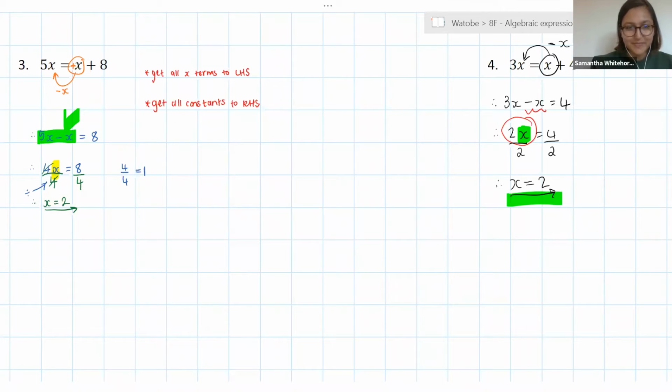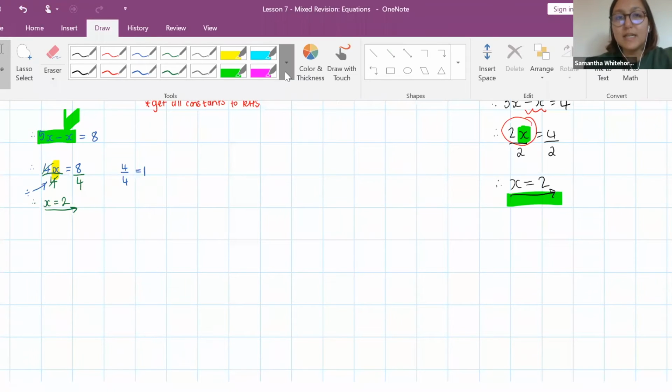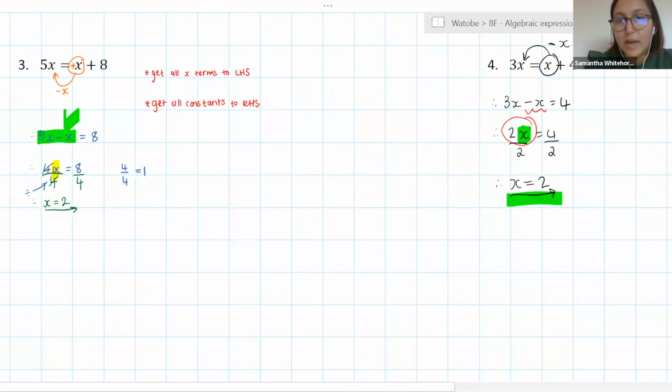Cool. Okay. Ma'am, can you re-explain the whole thing from 2x divided over 2 equals 4 over 2? Okay, so you understand where I got the 2x from? Yes, ma'am. Okay, so remember, I don't want 2x, I want x. So what I need to do is find a way to just get that x alone, which means I have to get rid of the 2.